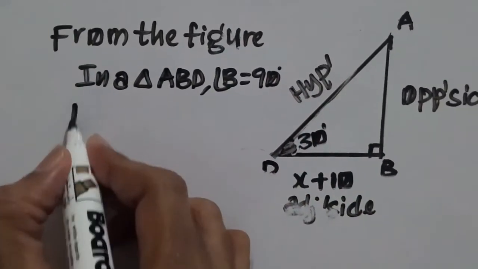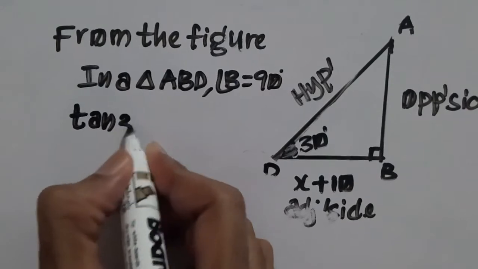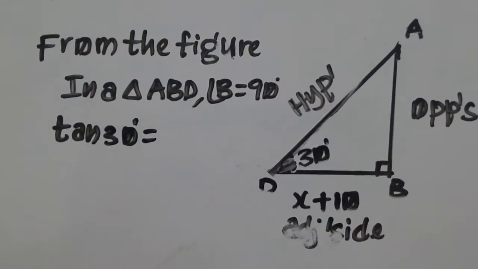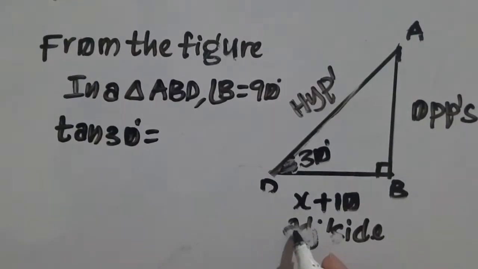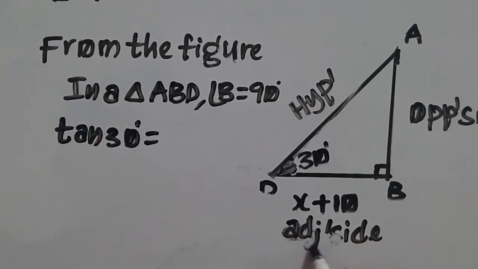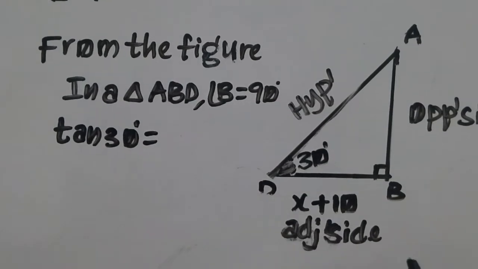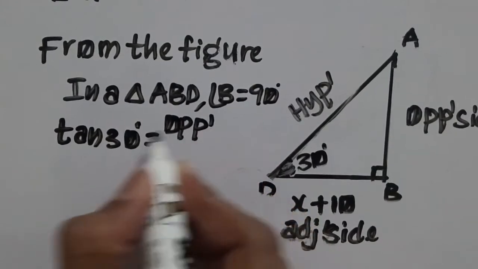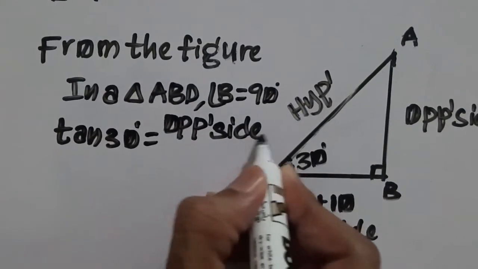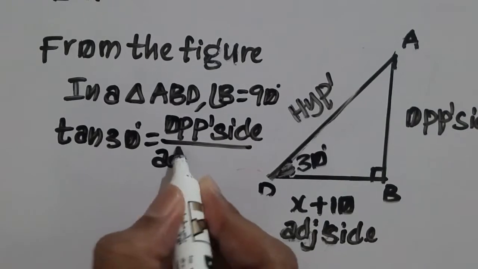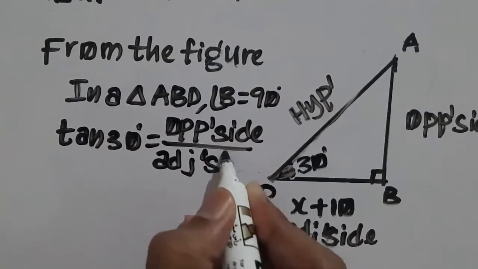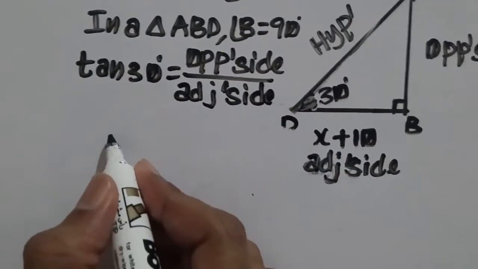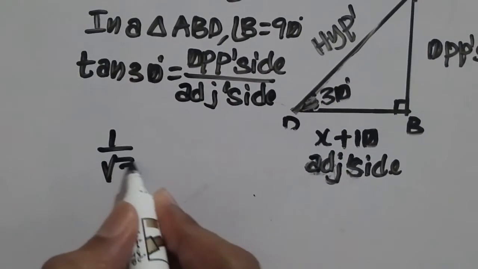Now tan 30 degrees is equal to the opposite side to theta by the adjacent side to theta, where theta is equal to 30 degrees. Now here tan 30 degrees is equal to 1 by root 3.